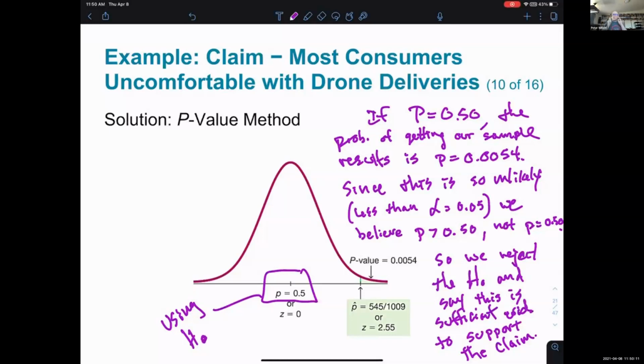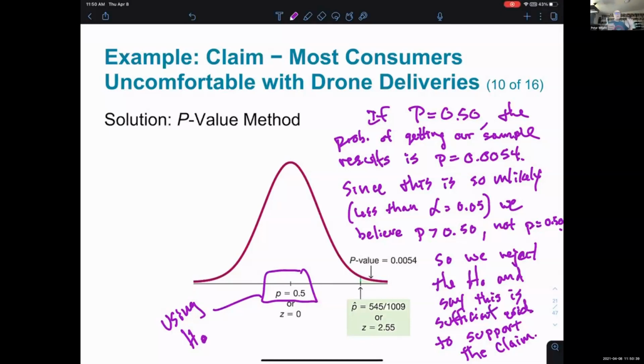So again, one more summary of the idea here. The notion is you have a claim, you set up your hypothesis test, you take a sample. You look at the p-value of your sample, which is the probability that your sample would come out the way it did if you assume the null hypothesis.